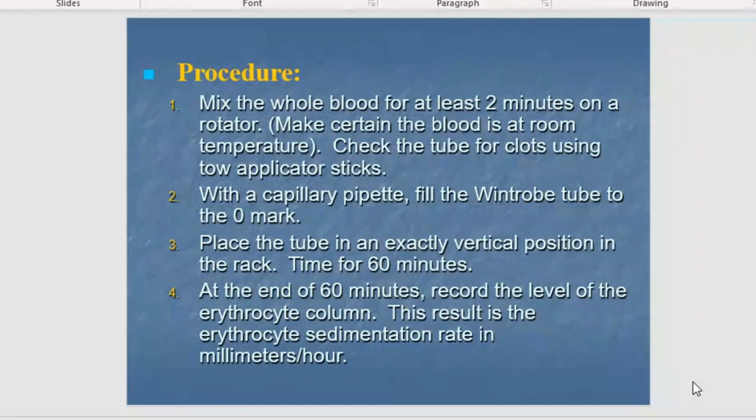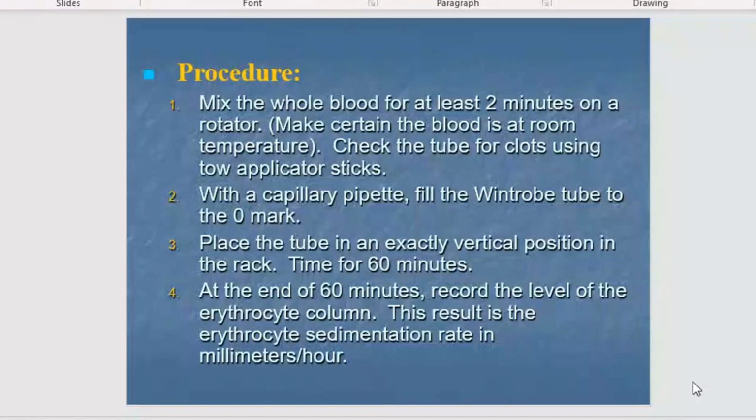Make certain the blood is at room temperature. Check the tubes for clots using two applicator sticks. And then with the capillary pipette, fill the Winthrop tube to the mark up to 0. Then place the tube in an exactly vertical position in the rack.